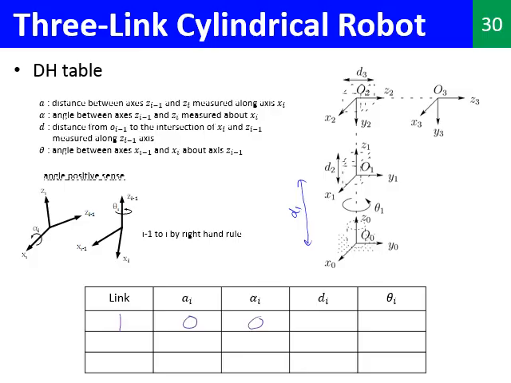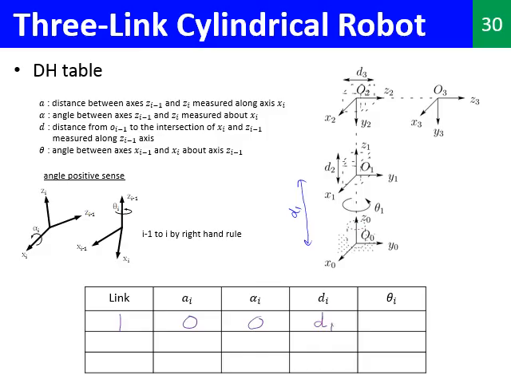D1 is the distance from O0 to the intersection of x1 and Z0. So x1 is here, Z0 is there, so that intersecting point is here, and O0 is here. So this is the distance we are talking about. So let's take that as D1. Okay, and it is a constant.